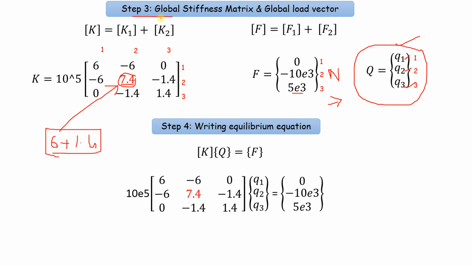Once you get this global stiffness matrix, the next step is to write the equilibrium equations. We know the equilibrium equation is KQ equal to F. So write down these equations over here.